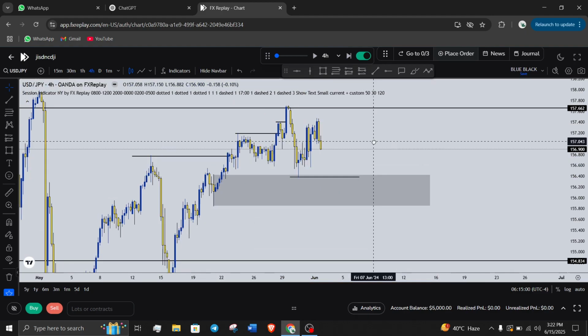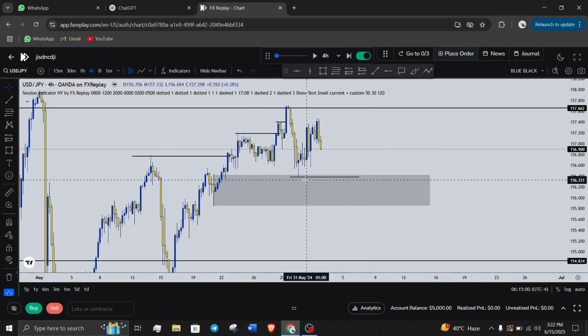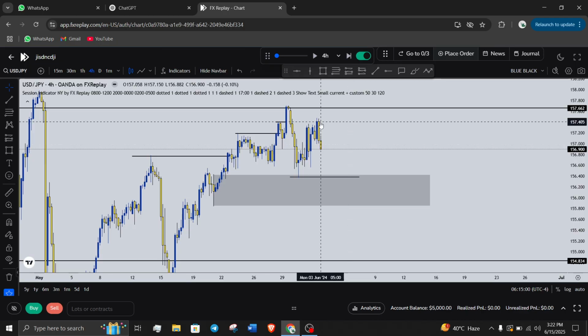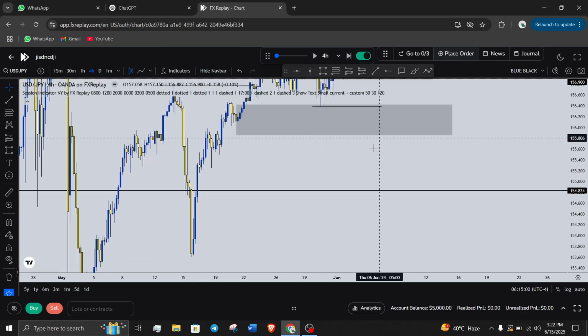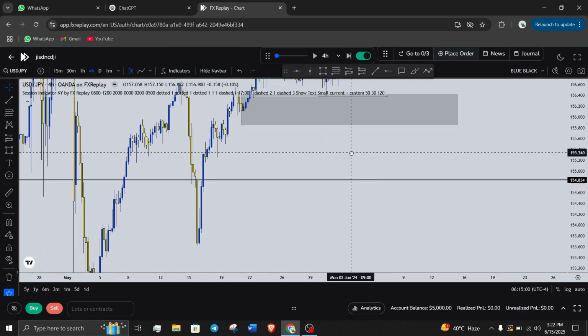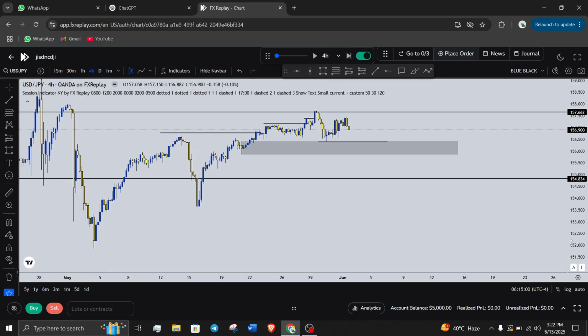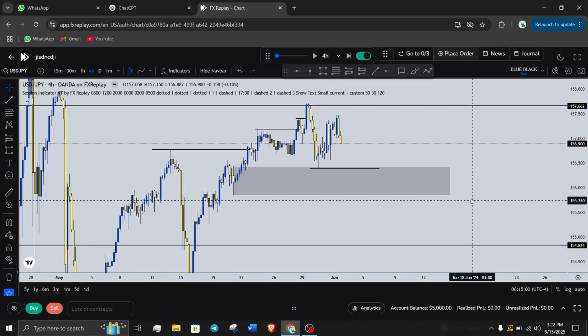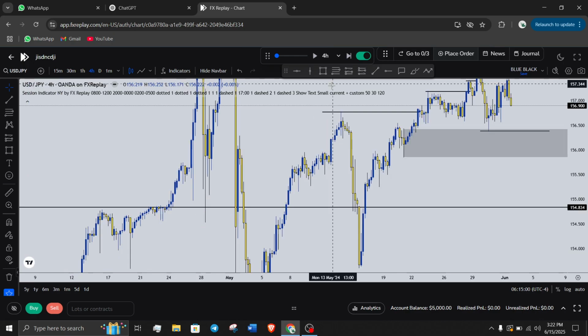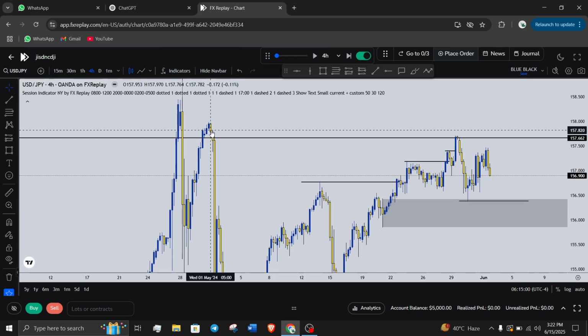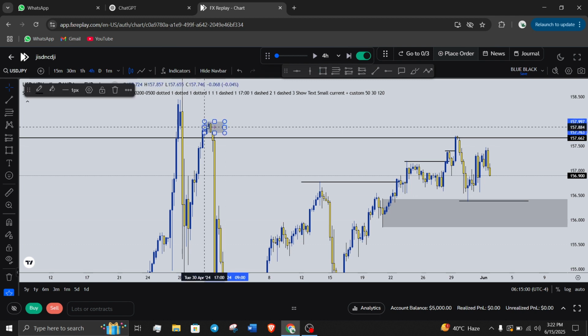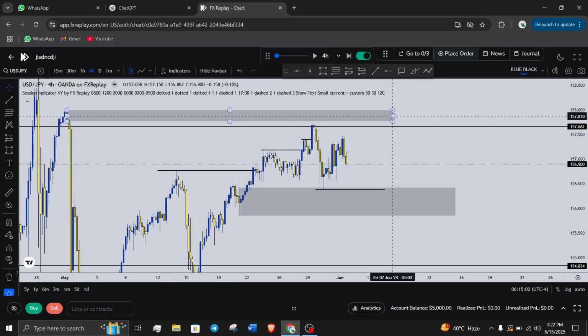If we do not see a close below this on the 4-hour time frame, we can look for buys from this zone towards the upside or this resistance. Except for this, we do not have any major supply zone so far which is not tapped yet.